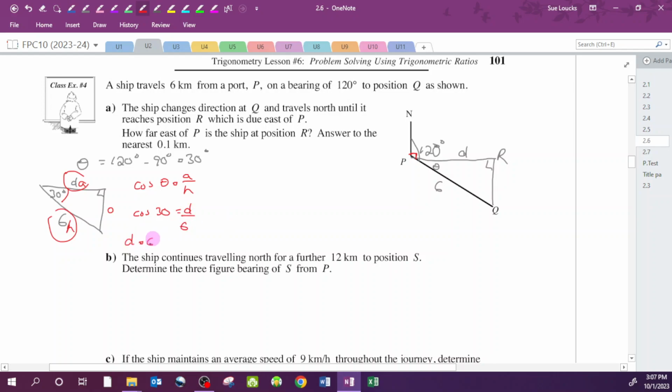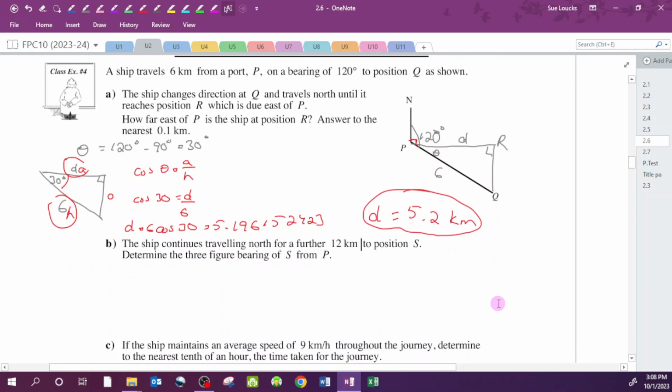So d equals 6 cos 30, which is 5.196152423. So d to 1 decimal place is 5.2 kilometers. Okay. Then the ship continues going another 12 kilometers north to position S.